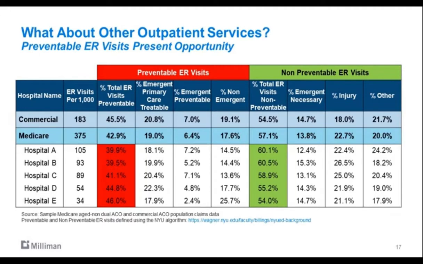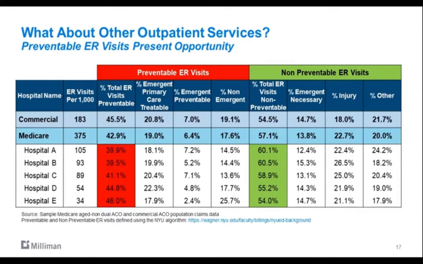What I'm showing in the third and fourth line here, the commercial and Medicare, the red is preventable ER visits and the green non-preventable ER visits. That is based on the NYU algorithm. NYU developed an ER algorithm using ICD-10s in the primary position of the claim to identify those ER visits that could be PCP treated on an outpatient basis or non-emergent, et cetera.